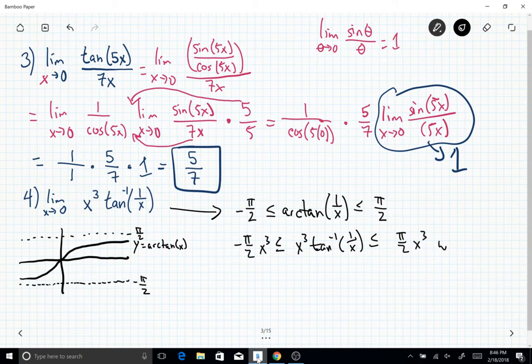And then I should say this is what happens when x is greater than 0, and then when x is less than 0, you have negative pi over 2 x cubed. This flips the inequality, right?